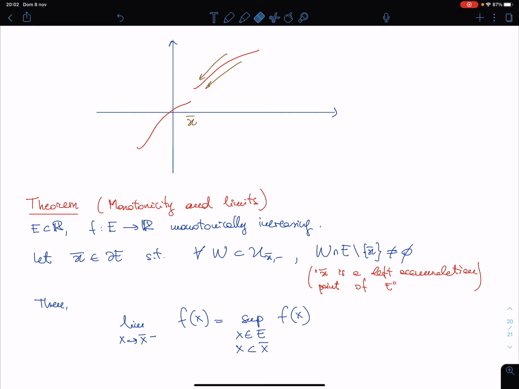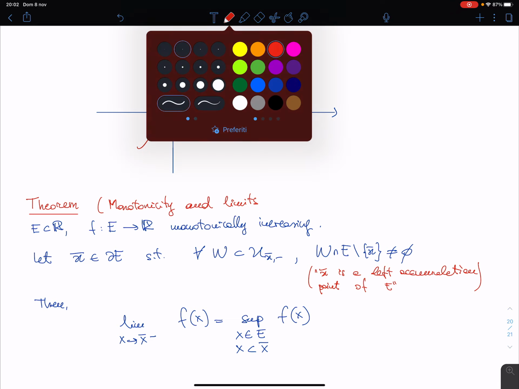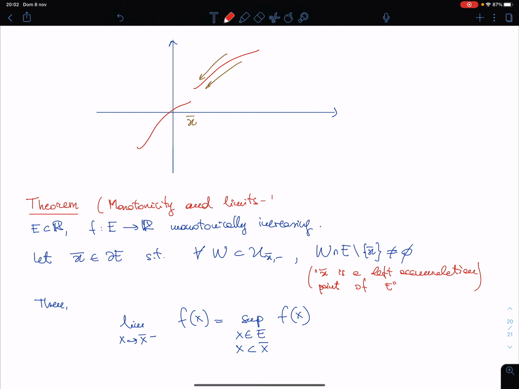Monotonicity and limits 3, which means this time you have monotonically decreasing function. Increasing, we already exhausted all of that. So decreasing function and left limit.